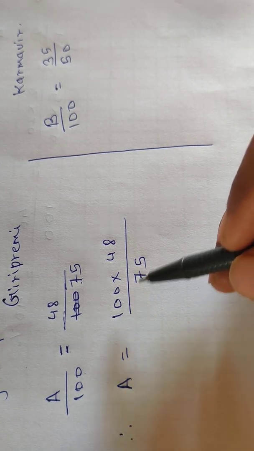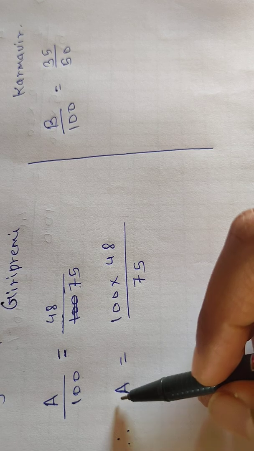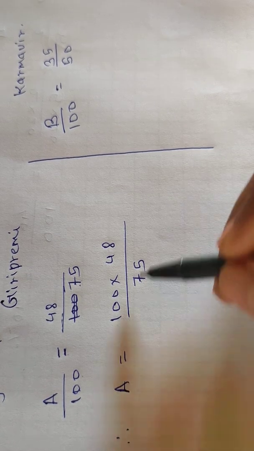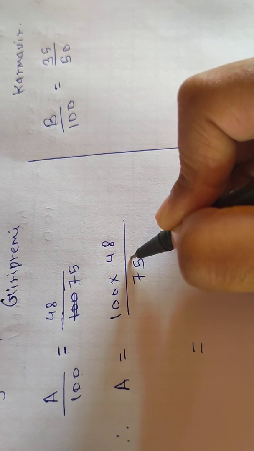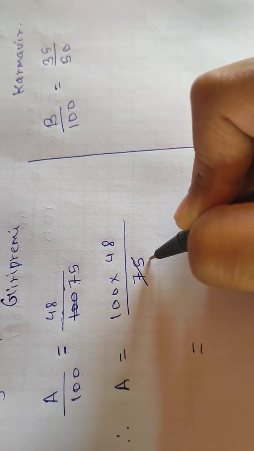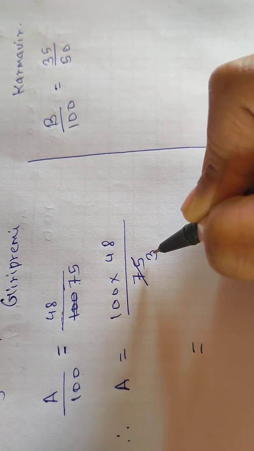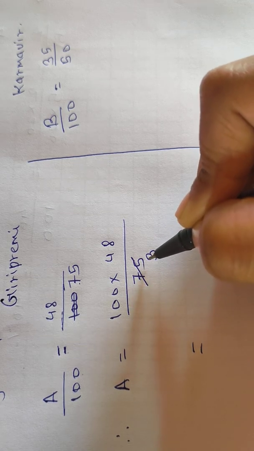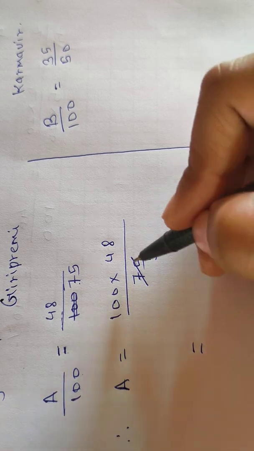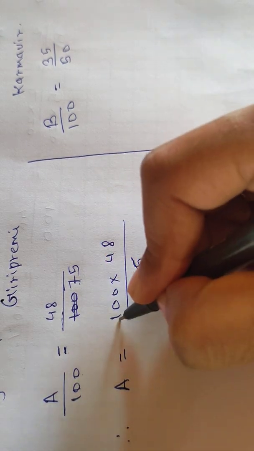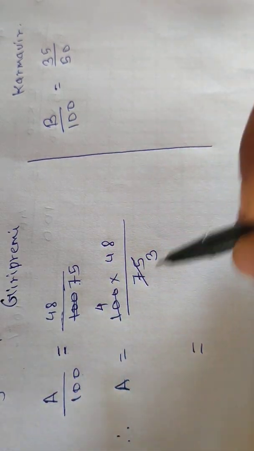We could take 75 multiplied with A also, but we want just the value of A, so we are keeping it down. This is equal to, now divide it. 3 into 25 is equal to 75. That is, 25 threes are 75 and 25 fours are 100.